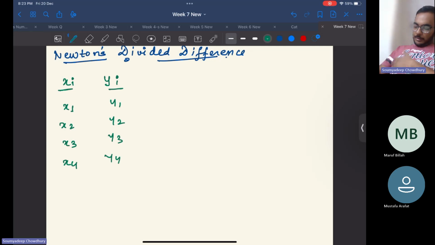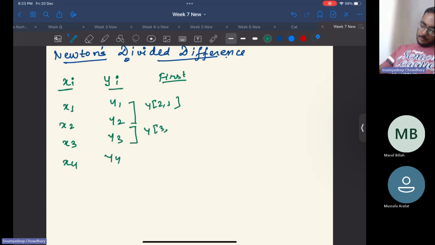So first order divided difference is between these two. We represent the divided difference like this: y of 2,1, y of 3,2, y of 4,3. The first order.